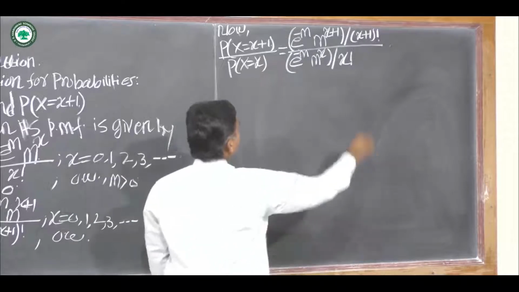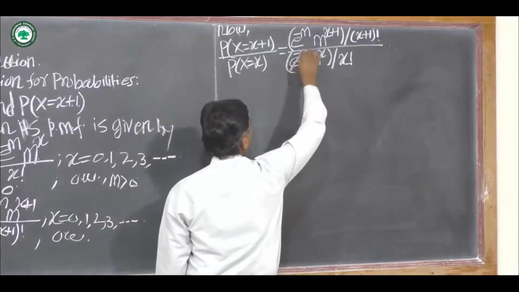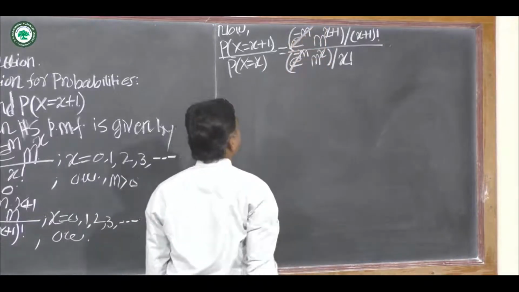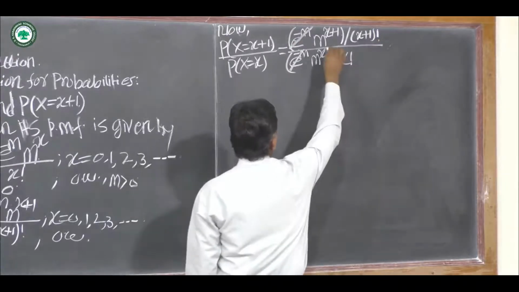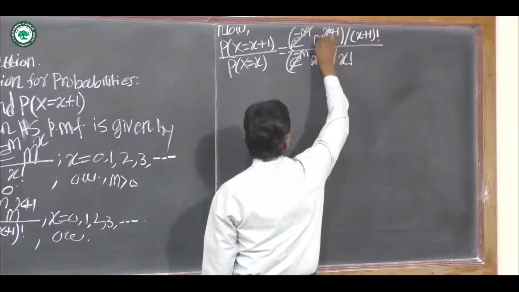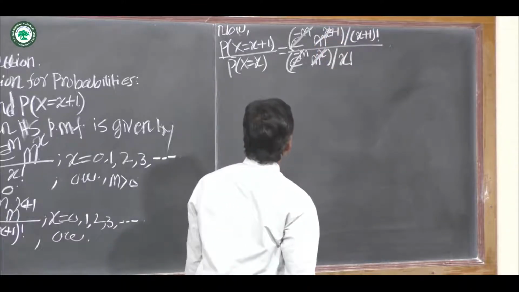Now e raised to minus m gets cancelled. Again m raised to x gets cancelled.